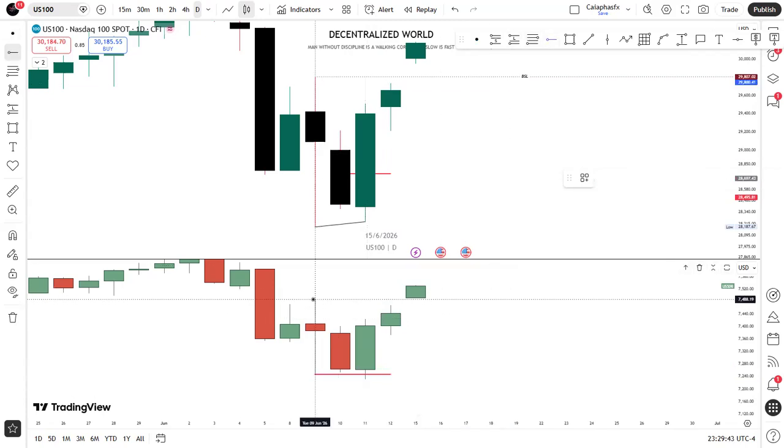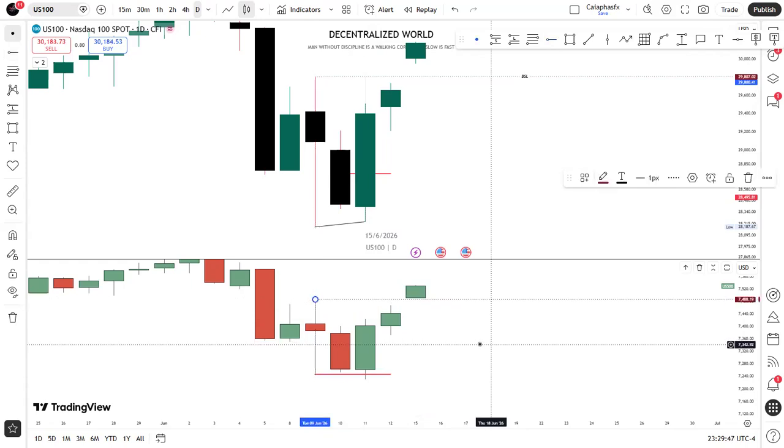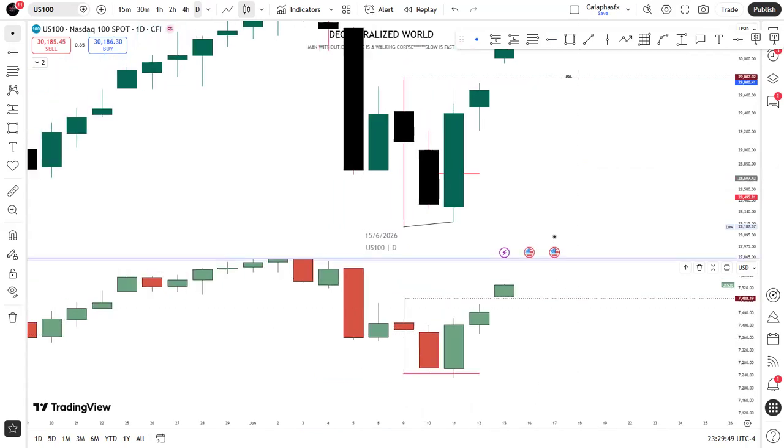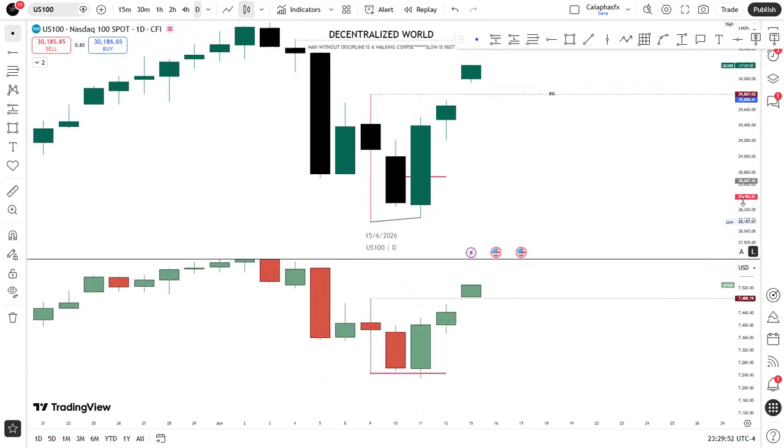That's how you do it. External to the internal, from the internal to the external range. So that was basically how I did it.